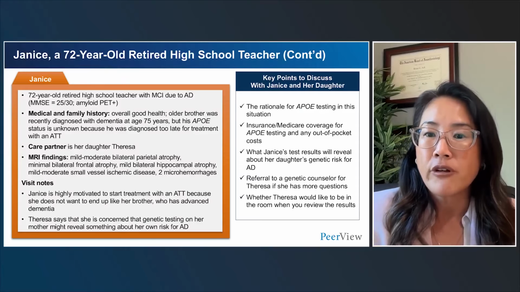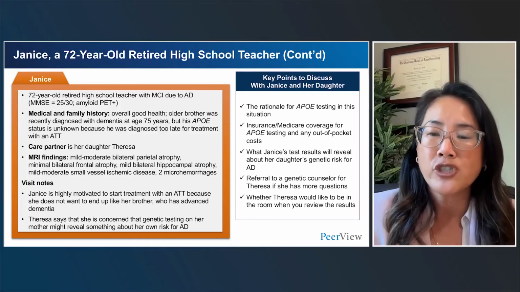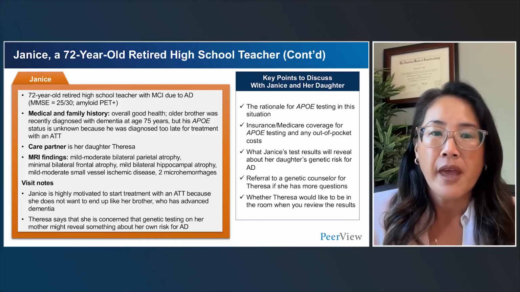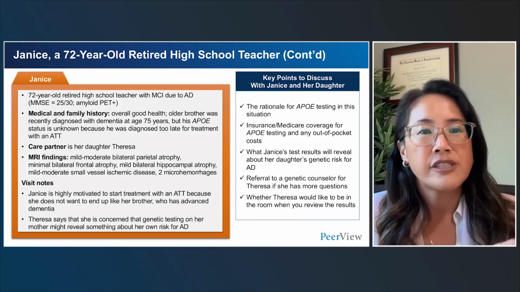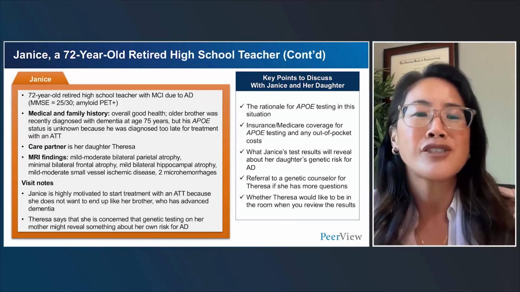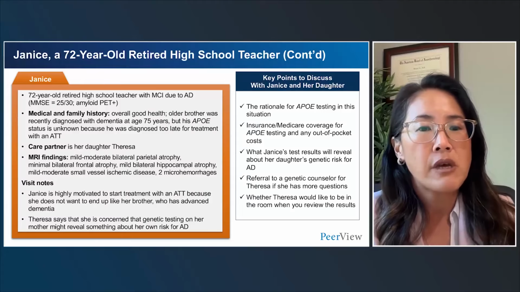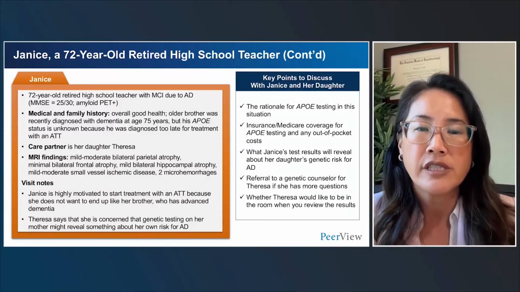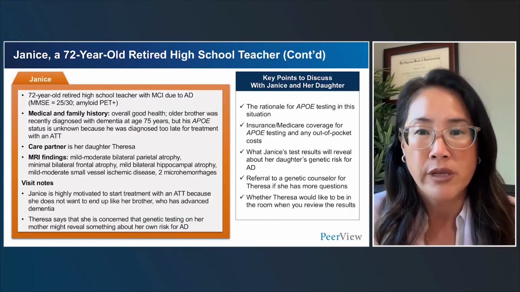We may consider referring her daughter, Teresa, to a genetic counselor if she has more questions about her own risk. And I think also that we may often miss in discussing is if, say, Teresa doesn't want to know her own risk, we should confirm with her about being present when we discuss the results, because that may inadvertently let her know her own risk.